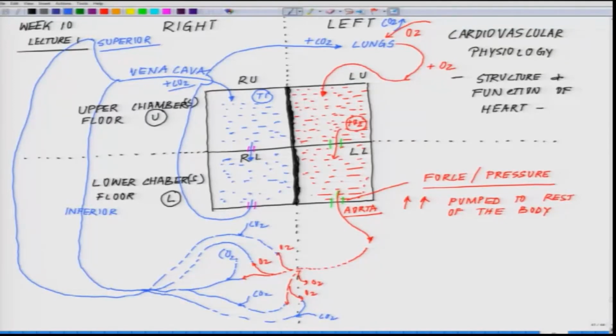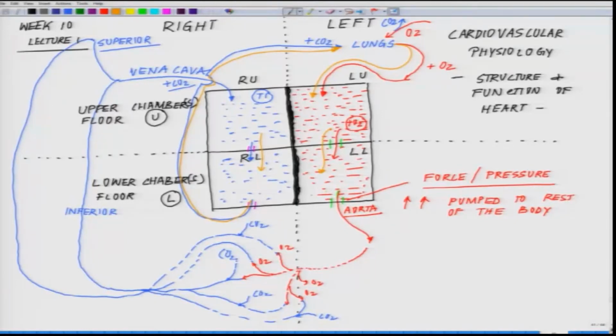So, out here from the right upper chamber, the blood moves to the right lower chamber. From here the blood moves to the lungs where it throws away the carbon dioxide, picks up the oxygen. The oxygenated blood comes to the left upper chamber. From the left upper chamber it moves to the left lower chamber.